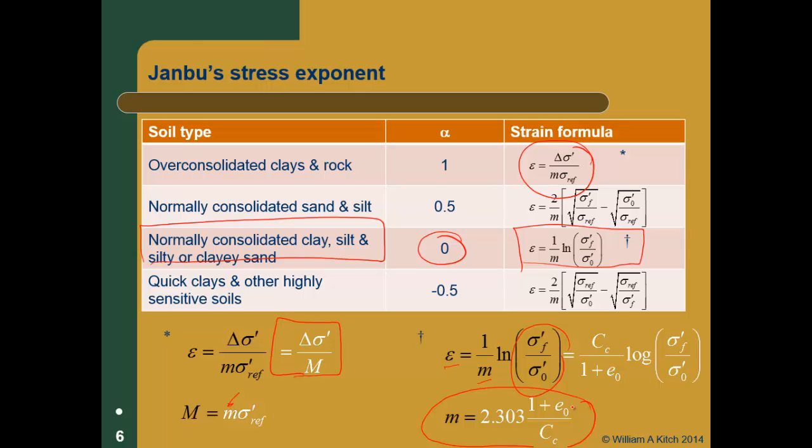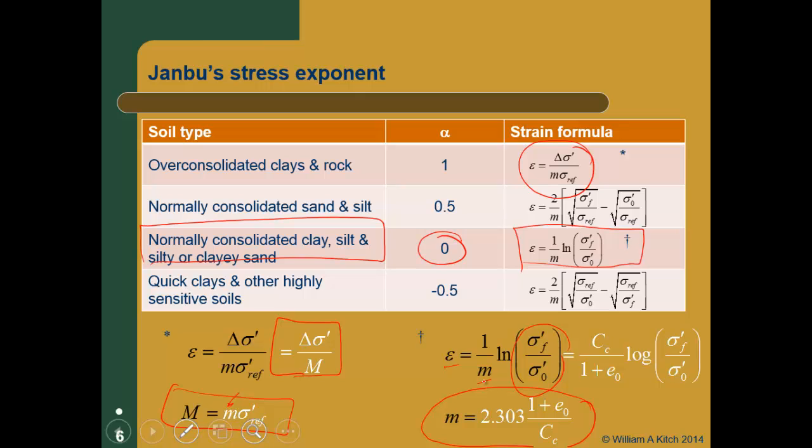Janbu's method simplifies for the two cases that we're very familiar with. For the case where there's a linear material, at least on loading, I didn't say elastic, it's a linear material. Maybe elastic plastic, it's going to have plastic strain, but at least the loading curve is linear. Then we get a constant modulus, and it just has this value of the modulus number times sigma reference.